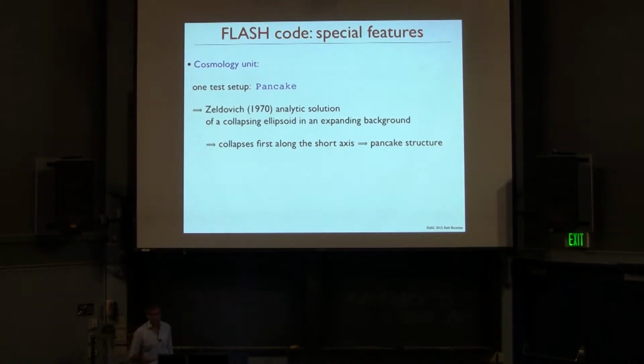This is essentially an ellipsoid which then collapses to a pancake. So the short axis collapses first, so the thing gets flatter and flatter, and this is done also in an expanding background. So this is something you can start off and have a look at how this works.